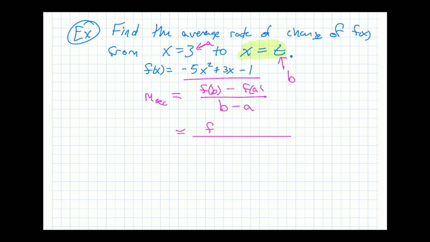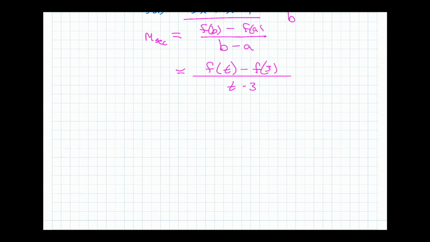Then we have f of b, which is f of t, minus f of a, which is f of 3, over in the denominator, t minus 3, b minus a. So then from there, you can substitute in what is f of t, what is f of 3.